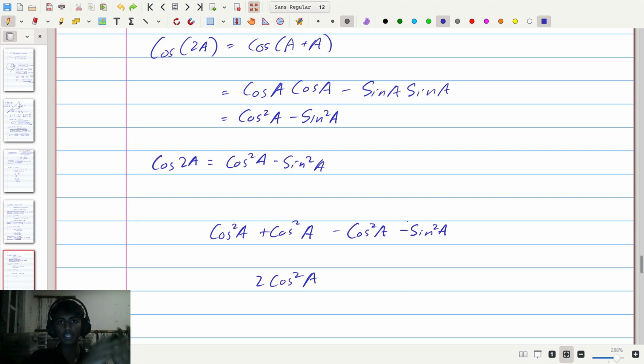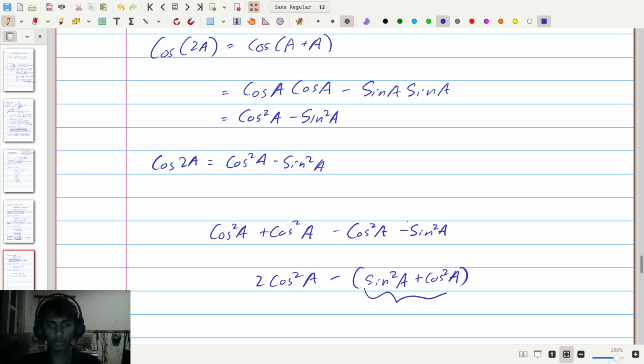If we group it, it is minus in brackets sine squared a plus cosine squared a, which we then write as 1, because recall sine squared plus cosine squared of anything is equal to 1. So this is 2 cosine squared a minus 1. This is one of the other formats that we write this thing in. So we write this as also 2 cosine squared a minus 1.